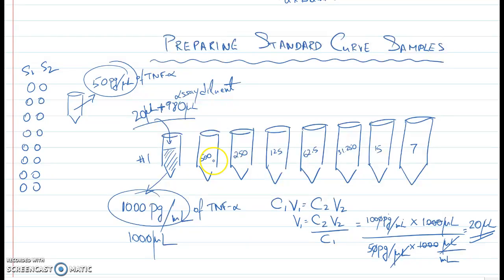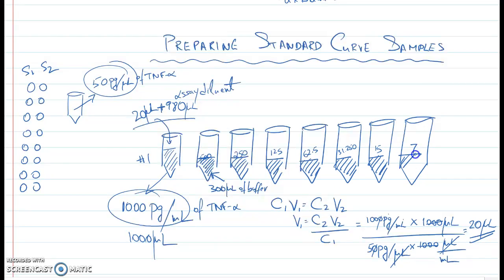So I tell you a little trick. If I fill up these with just plain buffer, I'm choosing an arbitrary amount of 300 microliters. So I'm already pre-filling everything with 300 microliters of buffer. Does the buffer contain the TNF-alpha?